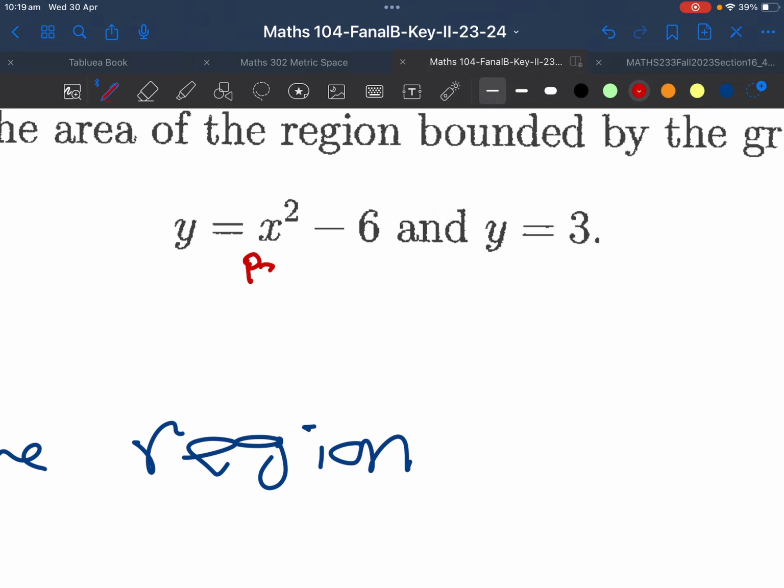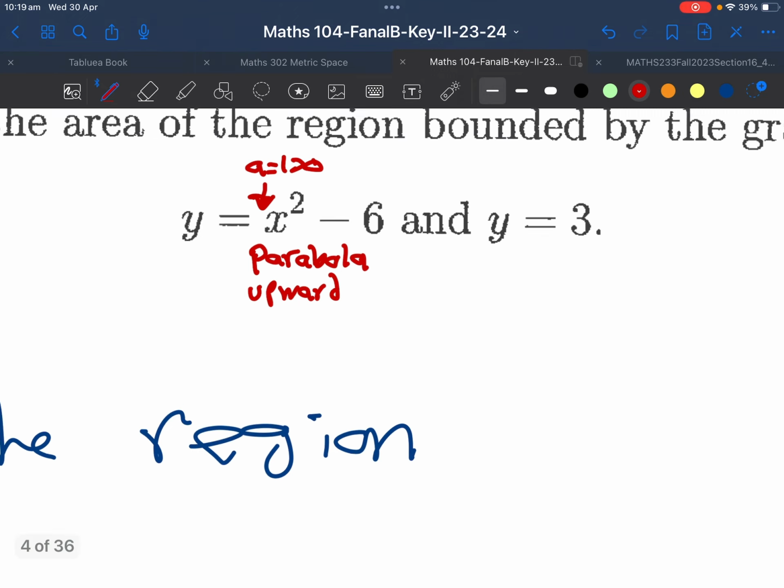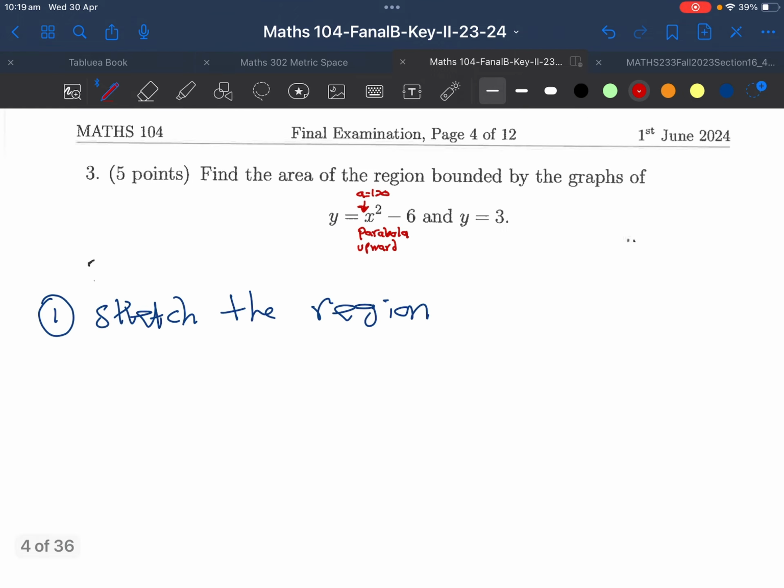This one. First of all, we know it will look like a parabola, and because the number in front of x squared, which is a, is equal to 1 and it's positive, it will look like a parabola facing upward. So in order to sketch this one, we need to find what we call the vertex.